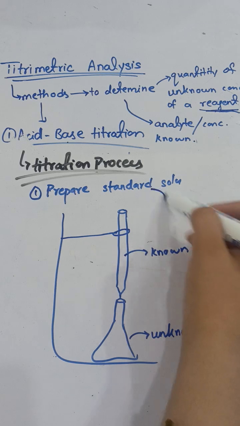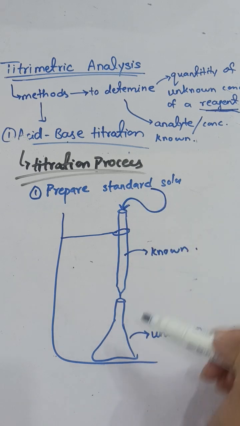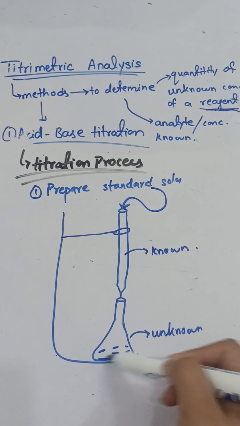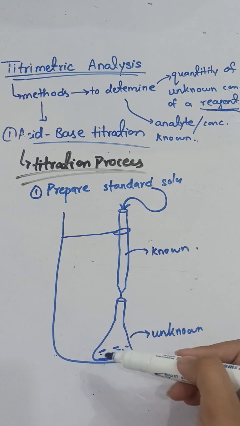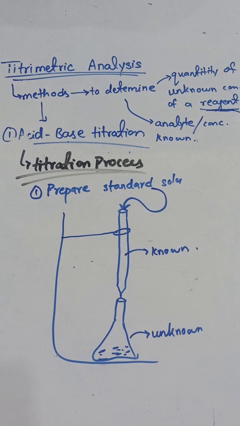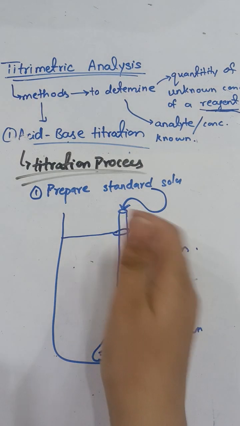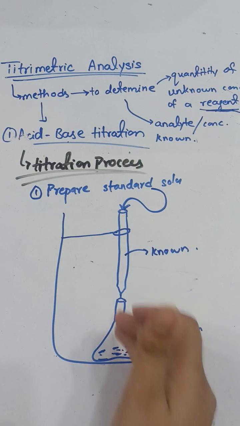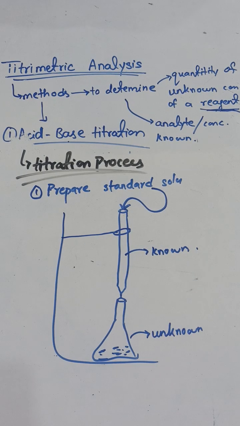So you put your standard solution into the burette, and the unknown solution will be in the conical flask. Then this standard solution is added to the conical flask with the indicator, and the color changes, a neutralization reaction happens, and then we will detect what happens there.